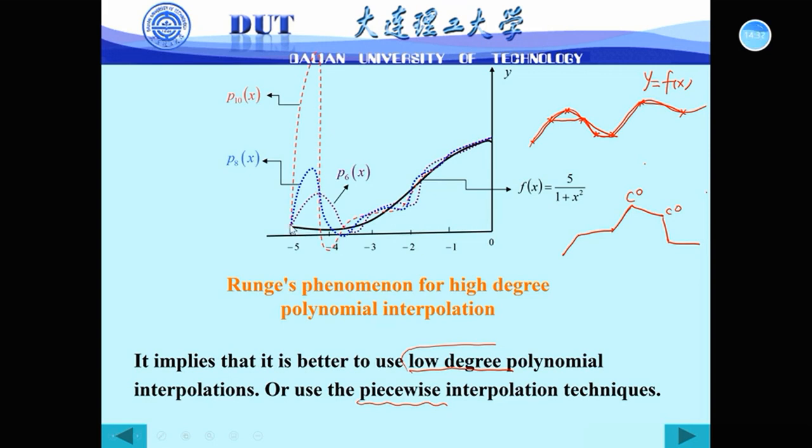So in order to decrease the error, we need to add more data points, but we cannot use a high degree polynomial, so we have to use piecewise low degree polynomials, right? Of course, the sacrifice is we cannot obtain a smooth function, but we obtain the convergence.